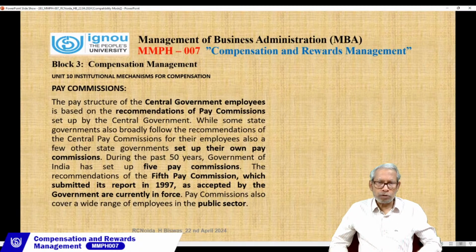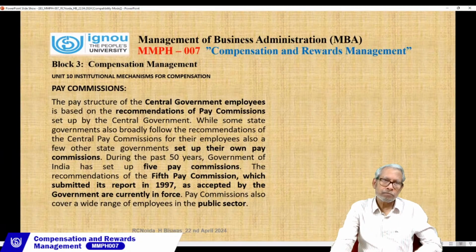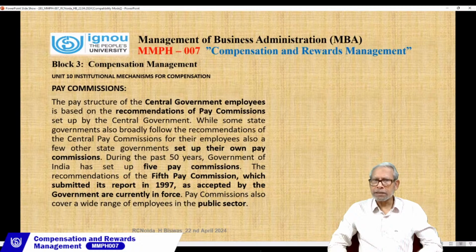The pay commission also covers the public sector, because those are governed by the government, the same thing is applicable. But there is a slight difference, because the central DA pattern is there, and for the public sector there are industrial patterns. Only the DA pattern is really different.